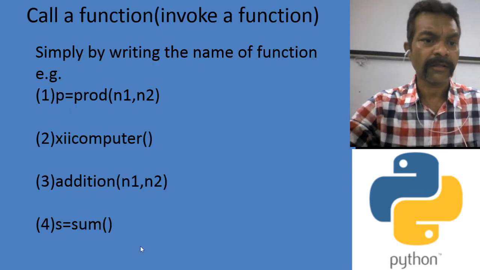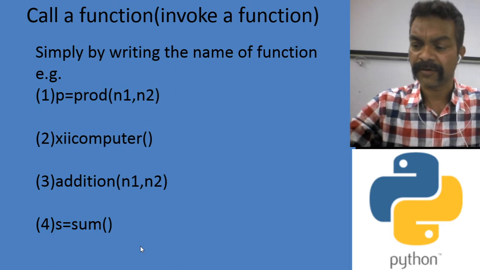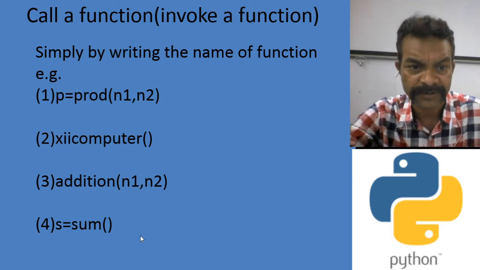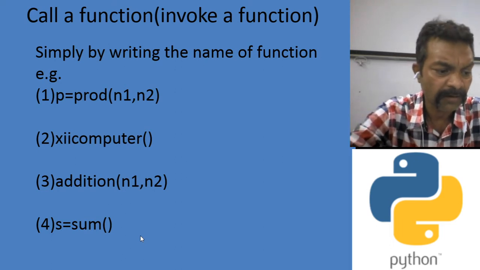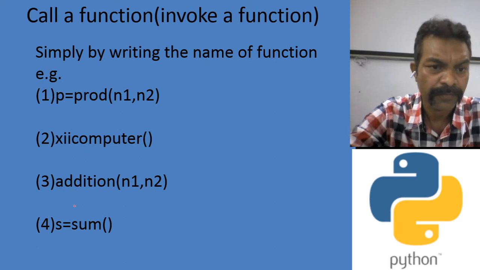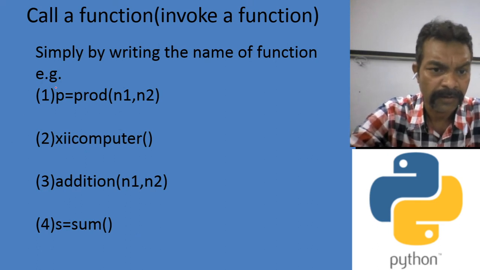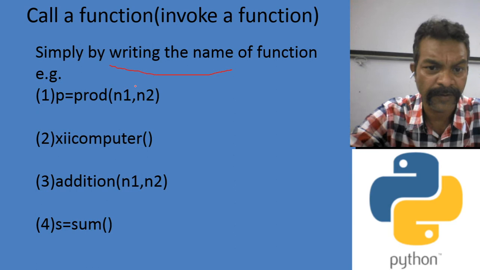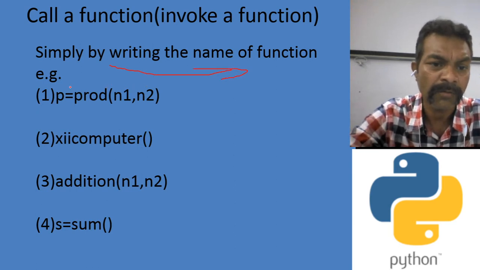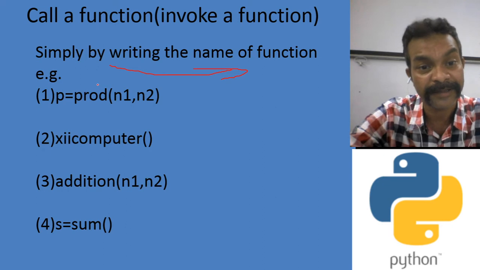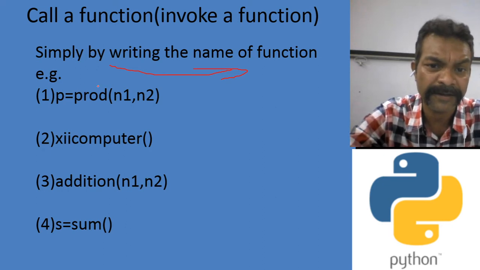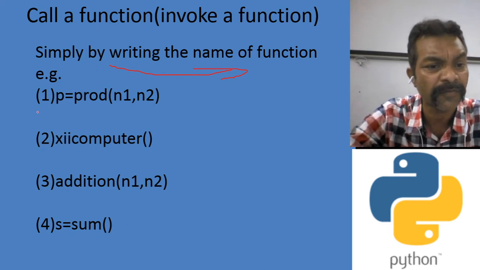The next is how to call a function, how to invoke a function. It is the same way as we call anybody, by calling its name. Like that, simply by writing the name of the function we can call the function.